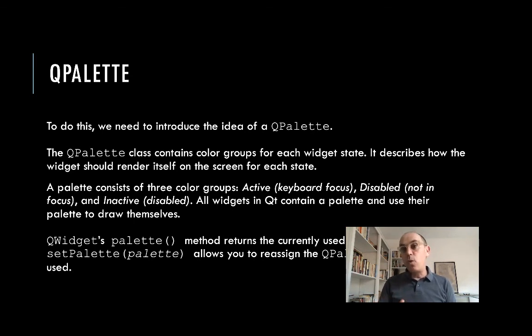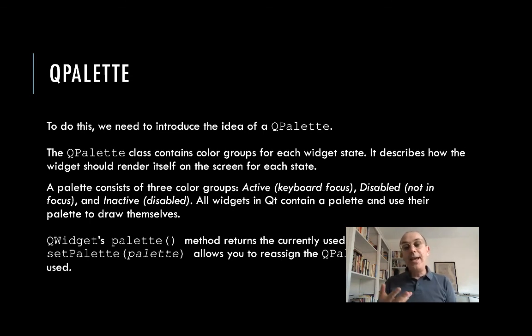So it describes how the widget should render itself on the screen for each state. It consists of 3 color groups: active, disabled, and inactive.